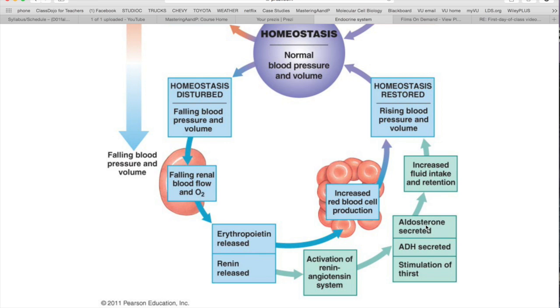This causes aldosterone and ADH to be secreted, and it also stimulates thirst, so we're going to drink more. ADH is going to cause more water to be reabsorbed from the kidneys, and aldosterone causes more sodium and water to be reabsorbed, so that increases fluid intake and retention, which is going to increase the blood volume and therefore the blood pressure.